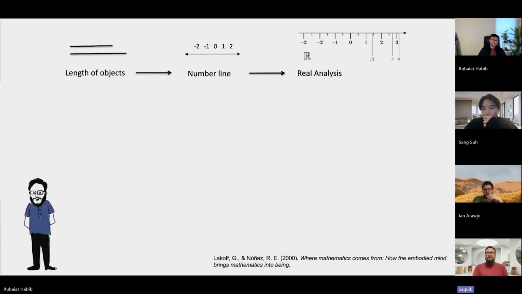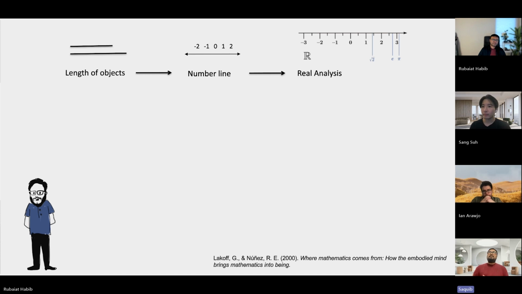I wanted to point out this work by George Lakoff and Rafael Nunez. It's a book called Where Mathematics Comes From. It's an amazing book, and these cognitive scientists show that we have some very fundamental cognitive capabilities that give rise to layers of representations, and they call them metaphors.